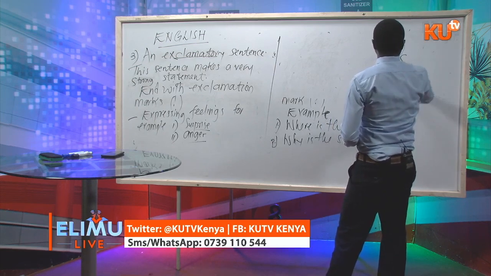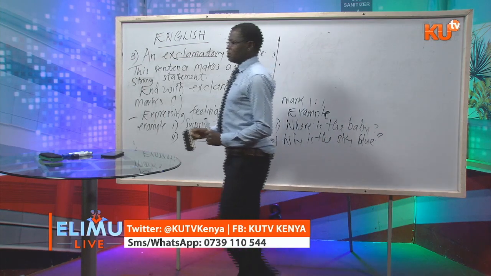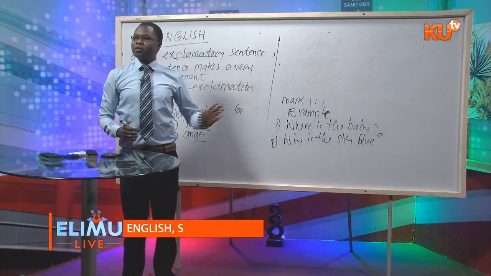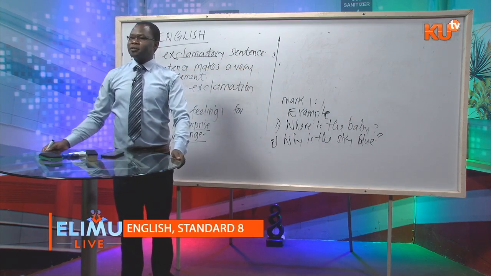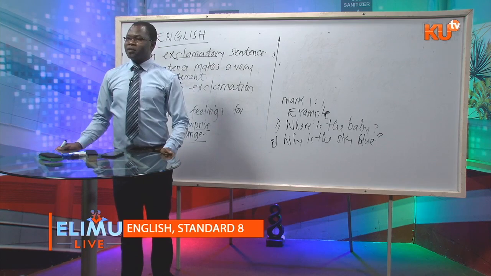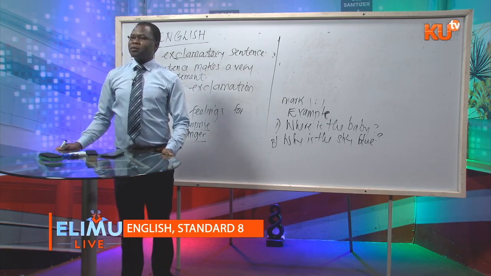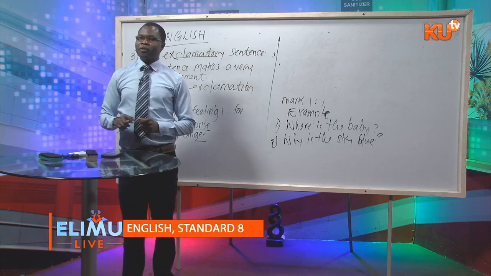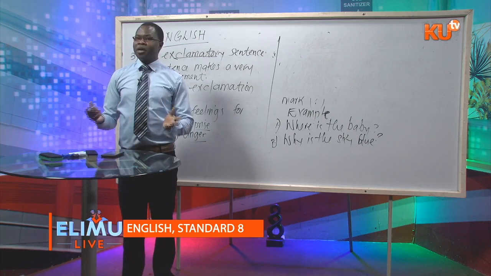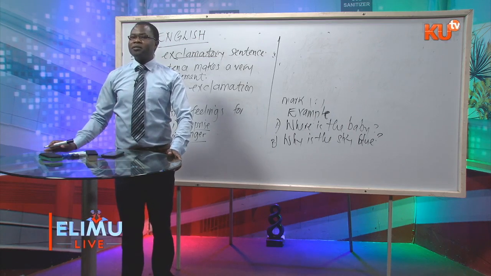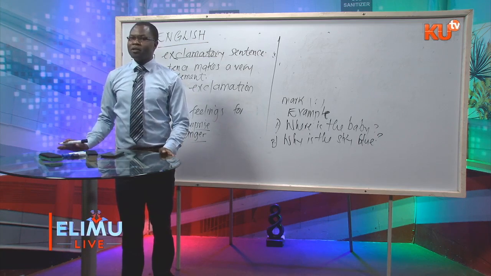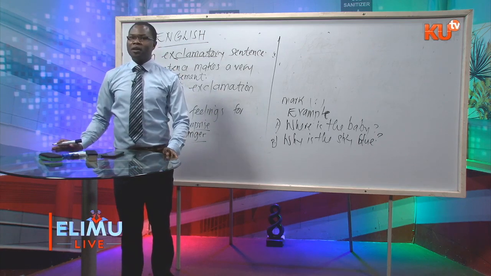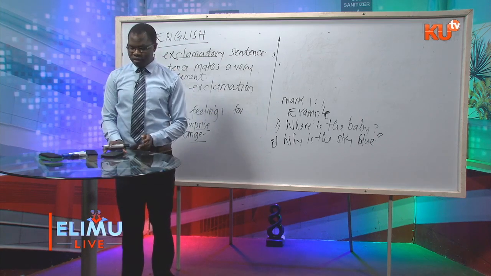So most of the time whenever we see the cabinet secretary and the Ministry of Health, whenever they come to address us, most of the time they use exclamatory sentences to express feelings, to express anger sometimes whenever people are not keeping distance, whenever people are not wearing masks in public places, whenever people are ignoring washing of hands and all that. The types of sentences used to express such disappointment are what we call exclamatory sentences.